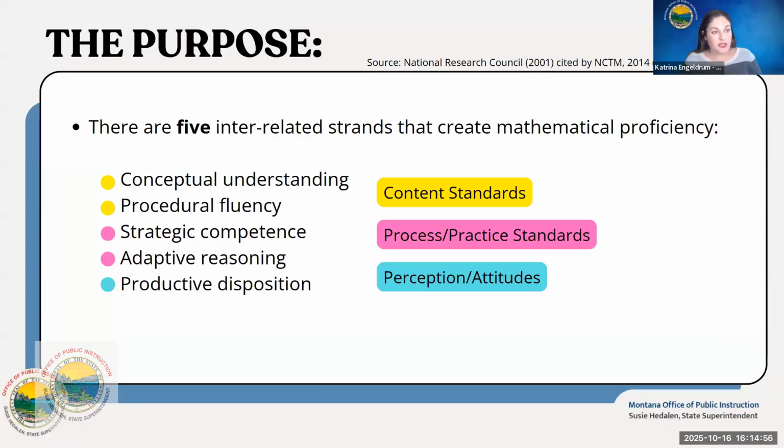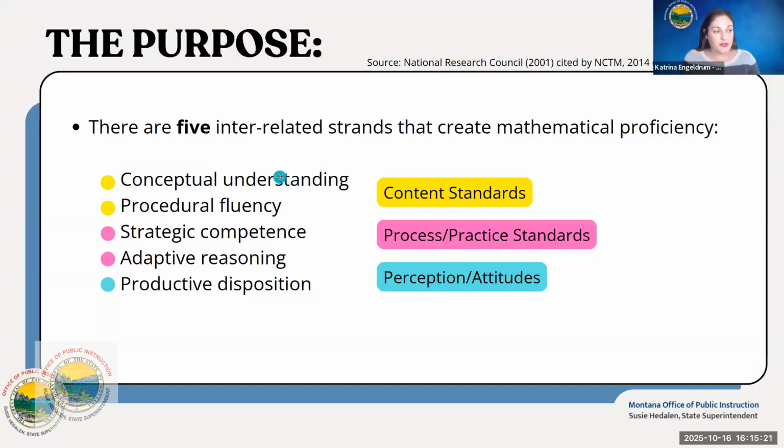NCTM and the National Research Council as well have something to say about this. They talk about 5 interrelated strands that create mathematical proficiency. If you're an elementary teacher, you might be familiar with Scarborough's rope with reading, right? And reading proficiency. We have a similar concept in mathematics as well, but we call them these 5 interrelated strands.